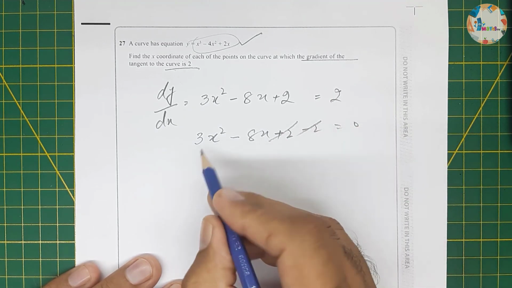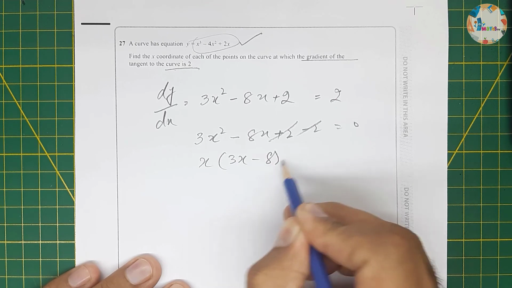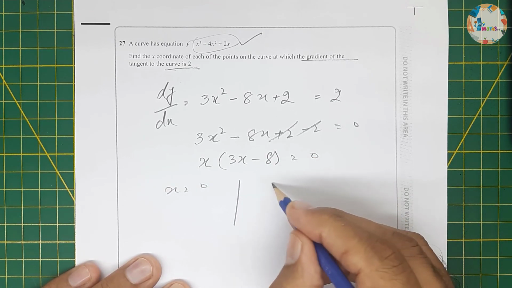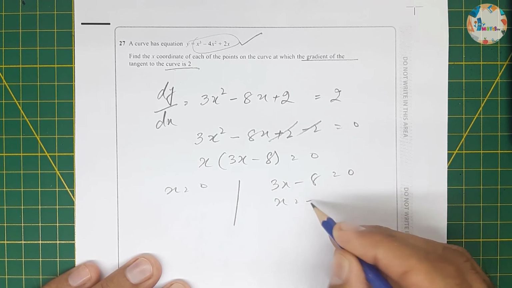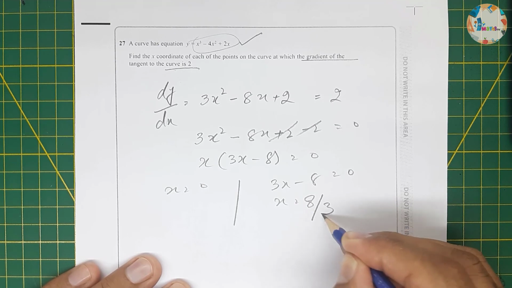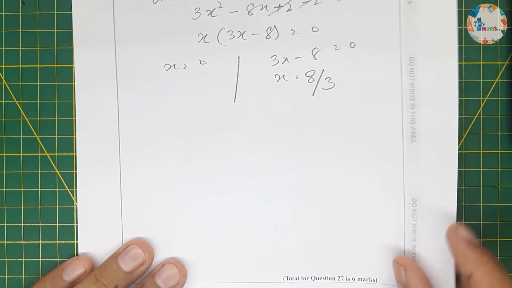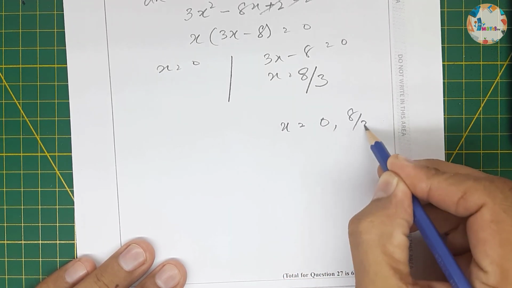This will be cancelled, so we can take x common, so it will be x into 3x minus 8 is equal to 0. So x is equal to 0, or the other value will be 3x minus 8 is equal to 0. So this implies x is equal to 8 by 3, and these will be the two values which we can mention as x is equal to 0 and 8 over 3.